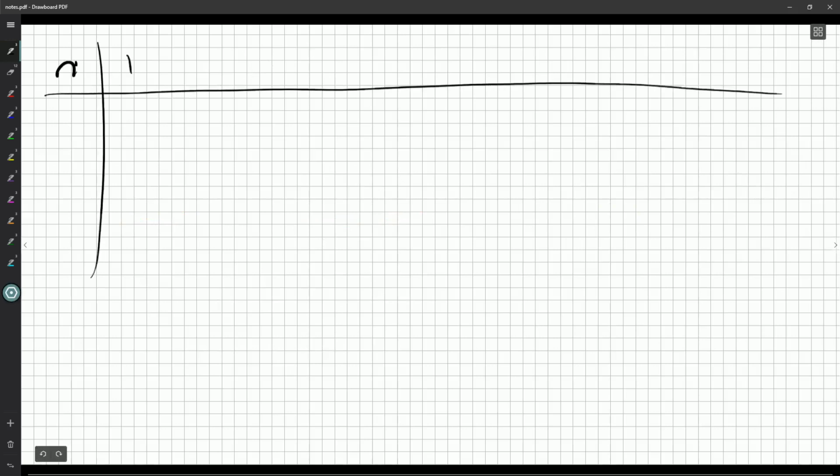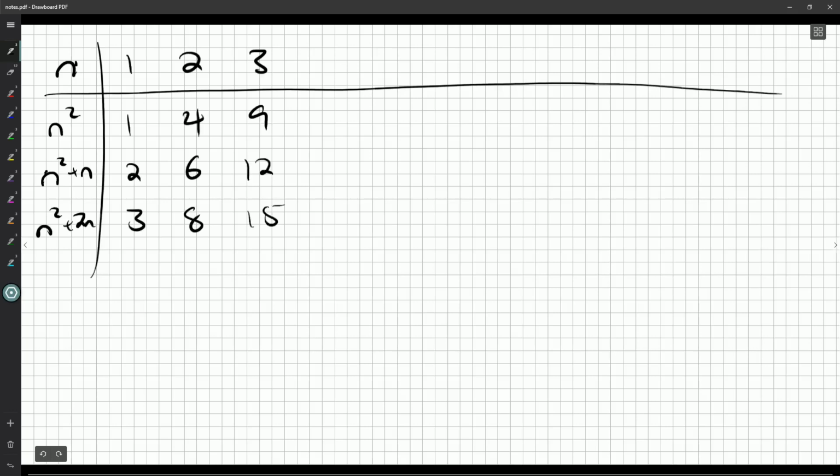So n is 1, n squared is 1, n squared plus n is 2, n squared plus 2n is 3. If n is 2, then we get 4, 6, and 8. For 3, we get 9, 12, 15, as we've already seen. For 4, you get 16, 20, 24. Now, I'm obviously not going to do a full chart because we'd be getting numbers that are particularly large.